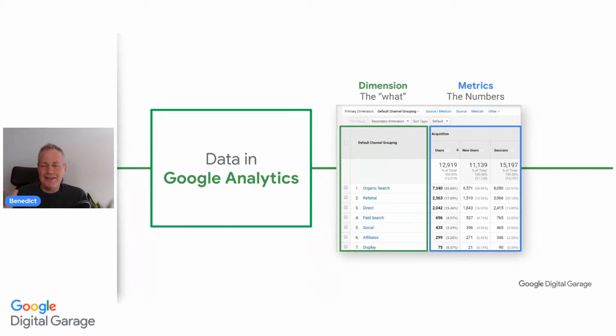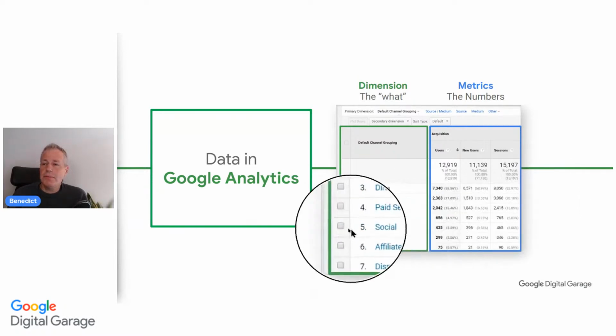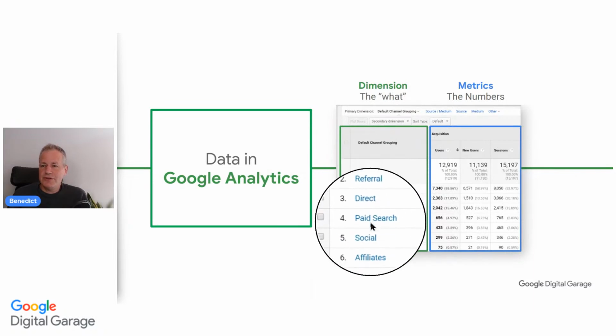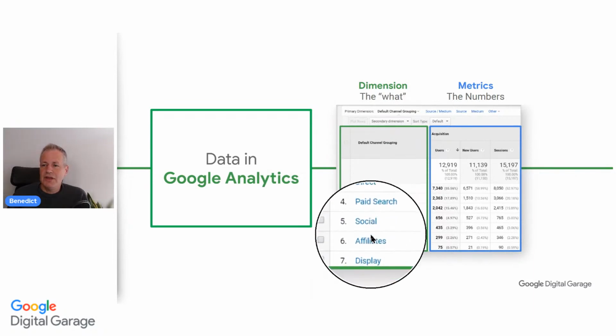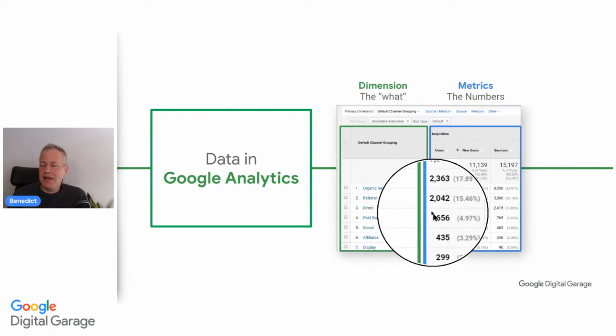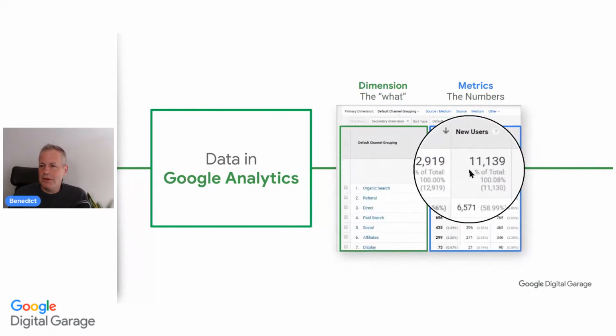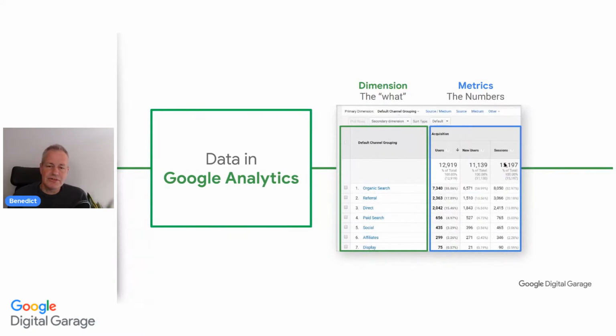He uses lots of information with the numbers and all the rest for making decisions. So that's the dimension, the what, and the metrics. Here you can see, for example, default channel grouping: organic search, referral, direct, paid search, social, affiliates, display, and then the results going across: users, new users, and sessions.